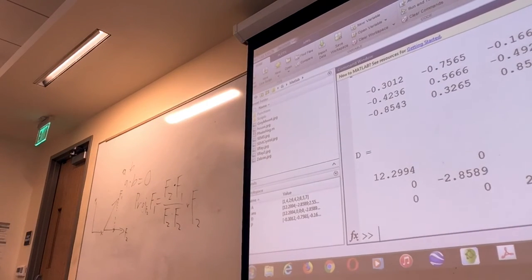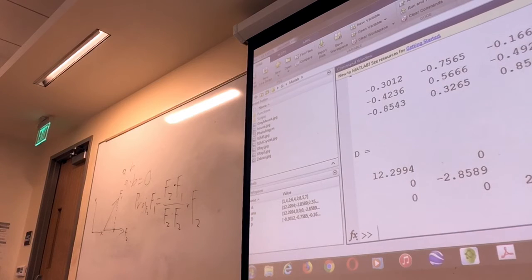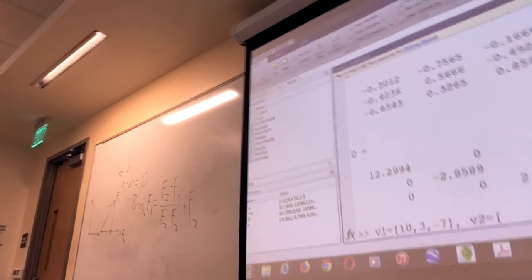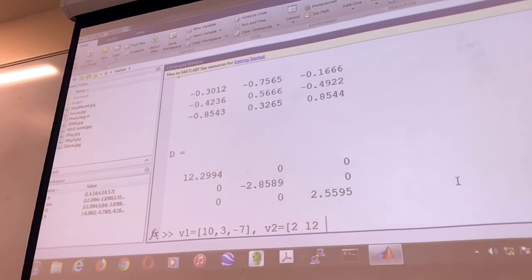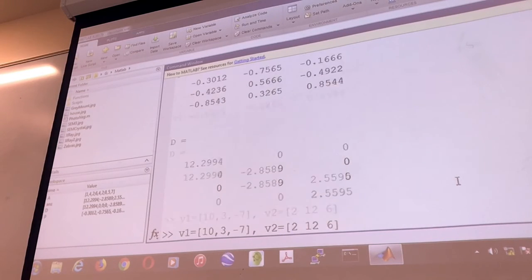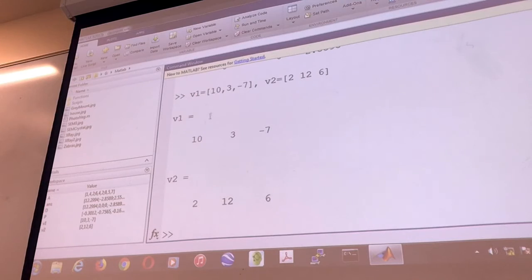So say I had two vectors, and let's say each of these is some force in a given direction.